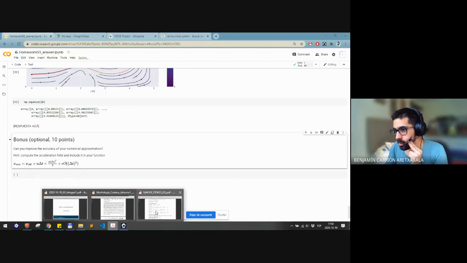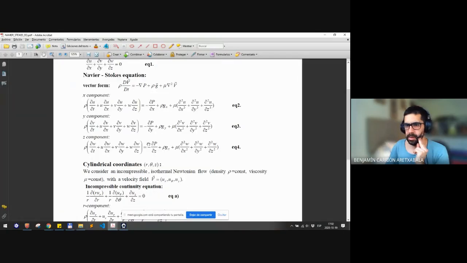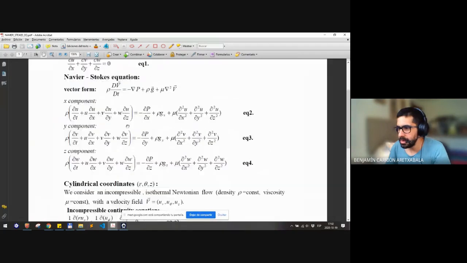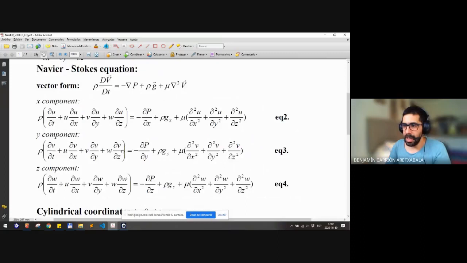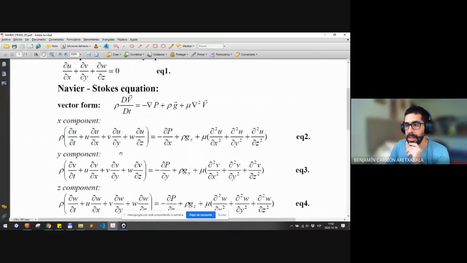So in order to do that, can you see my screen? Can you see this equation? Yes, yes. Yeah. So what you had to do is remember this bit, right? And this is important, even though we are in steady state, we still have acceleration because the velocity field is changing.